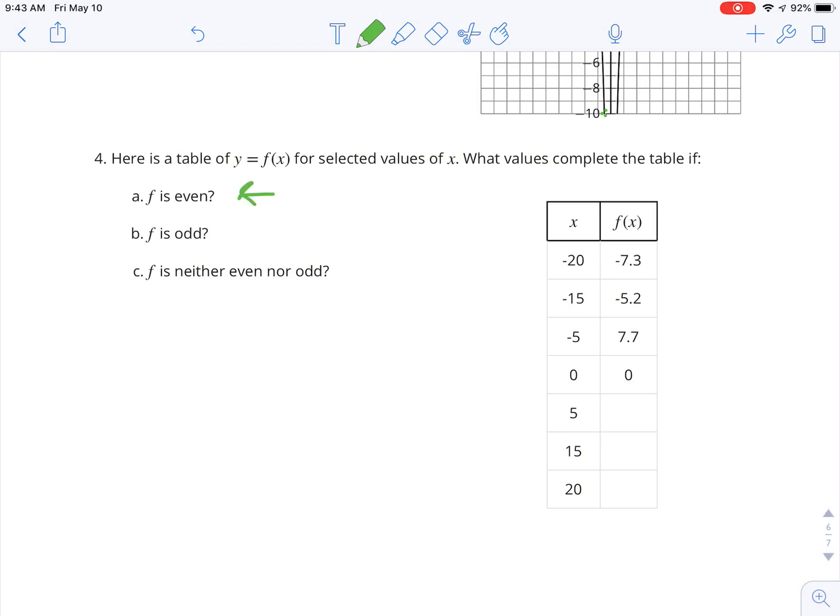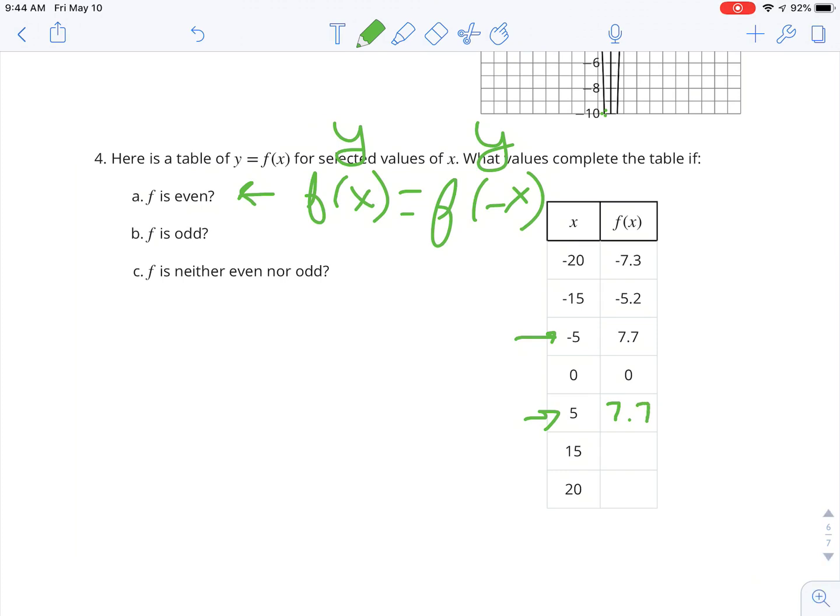So if f is even, what I want you guys to remember is that f of x, the y value, equals f of -x, so that equals y. So opposite x's give me the same y value. Here you see how I have -5 and +5, they both have to be 7.7.